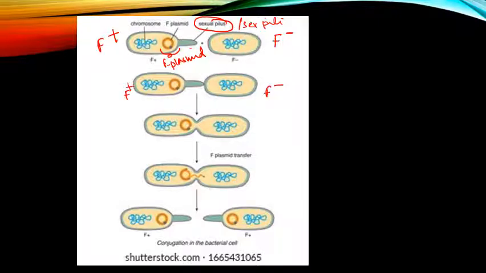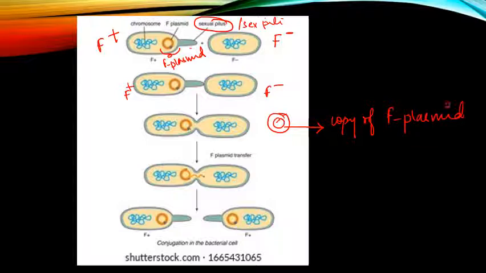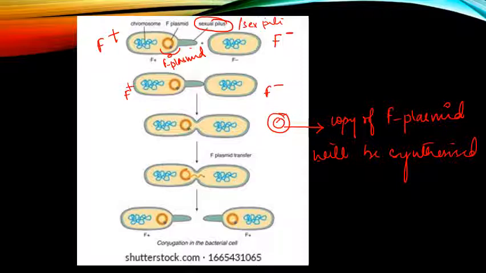Now what will happen? This DNA, out of this F plasmid, looks like this. One copy of the F plasmid will be synthesized, and this then passes through the sex pilus to the F negative cell.